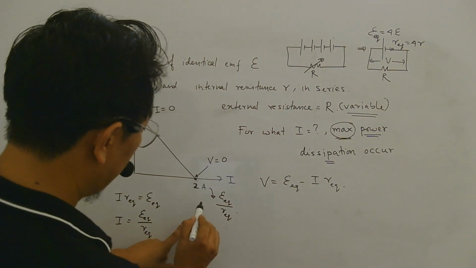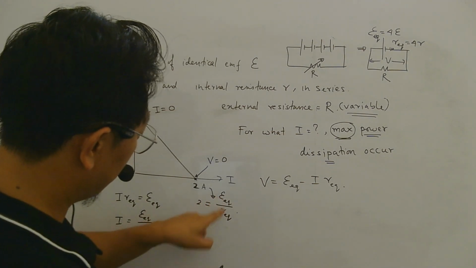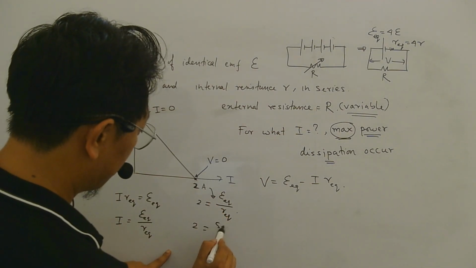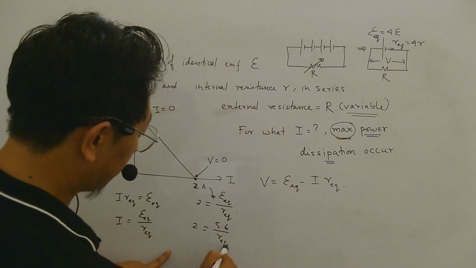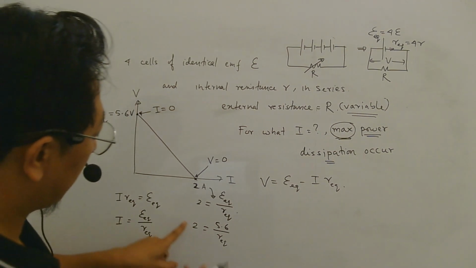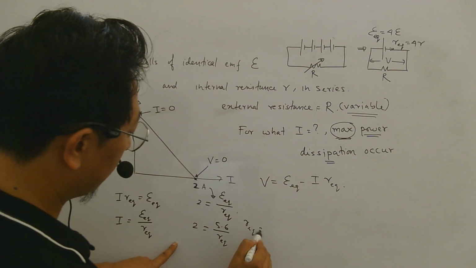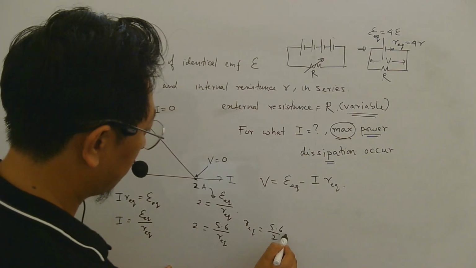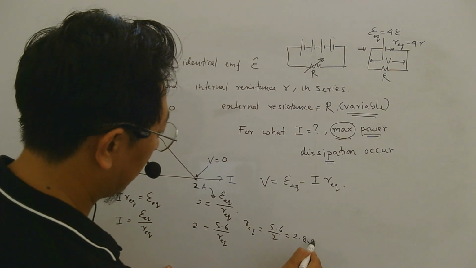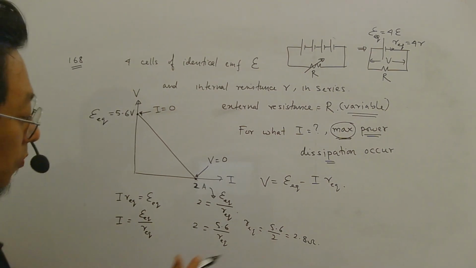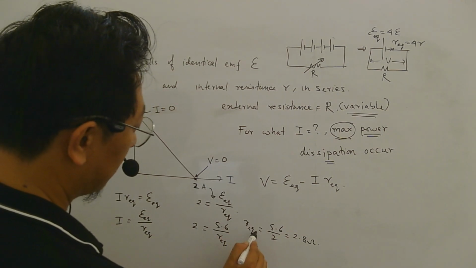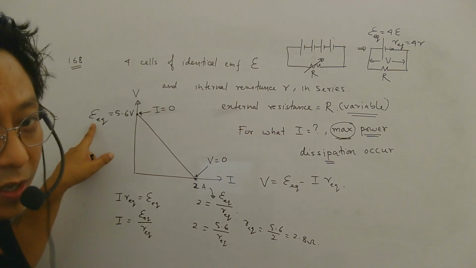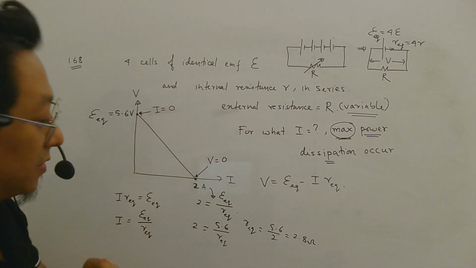What will be R equivalent? Well, 2 ampere is equal to this, and E equivalent is 5.6. So if you cross multiply, R equivalent will be 5.6 divided by 2. That will be 2.8 ohm. Okay. So we have found the R equivalent of the internal resistance and the equivalent EMF of the 4 cells.